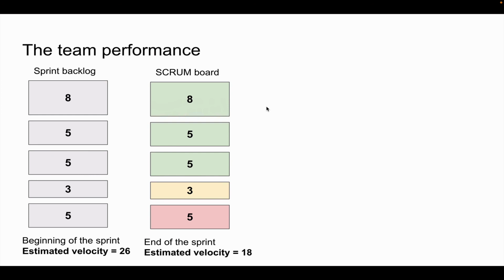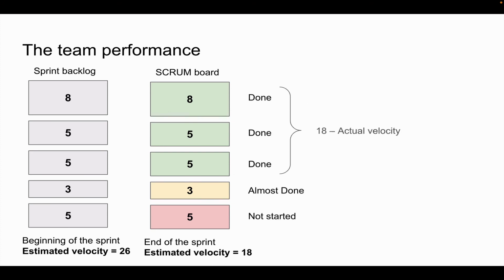Now at the end of the sprint, we see that instead of 26 points in total, they actually only completed 18 points. So all the green cards on the top were the ones that they completed.